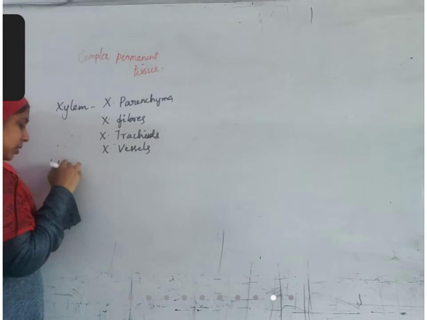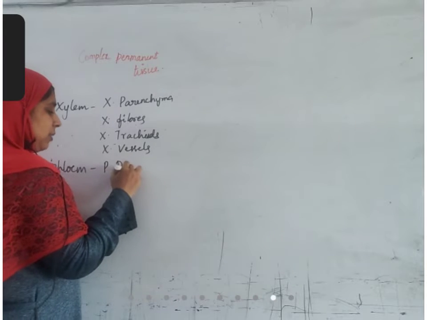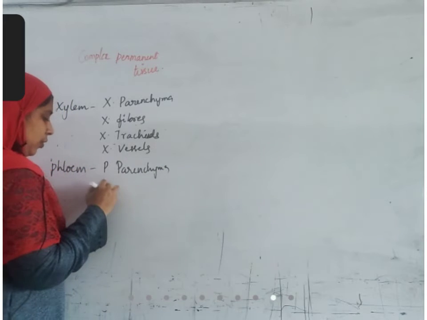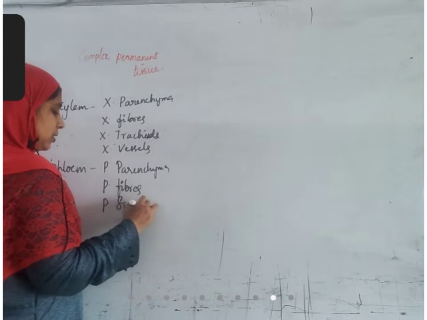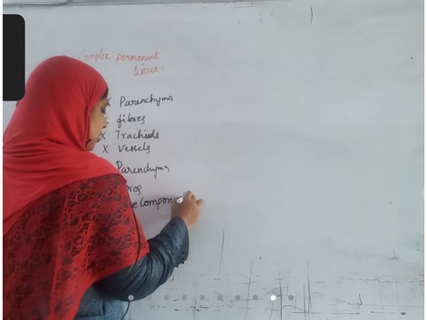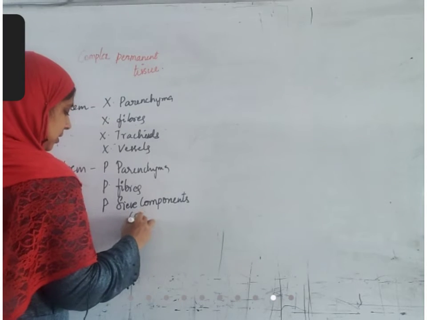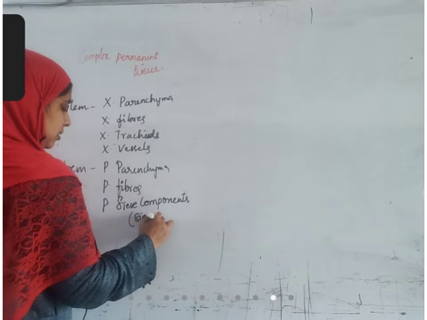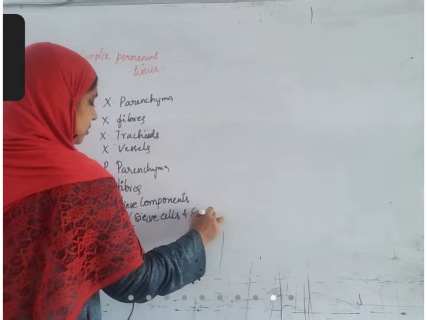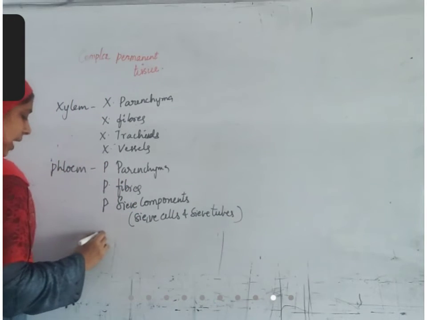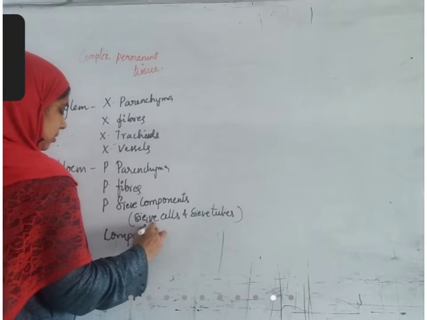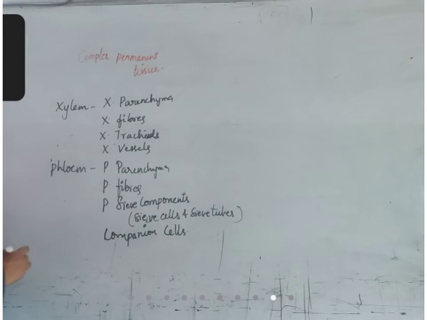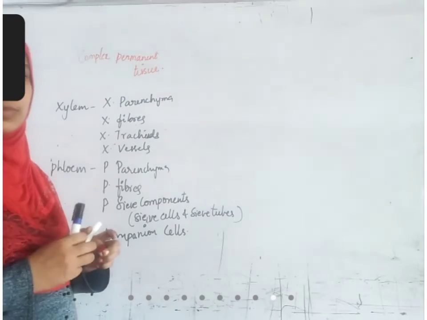Phloem has components: phloem parenchyma, phloem fibers, and phloem sieve components, that is, sieve cells and sieve tubes. Lastly come companion cells.